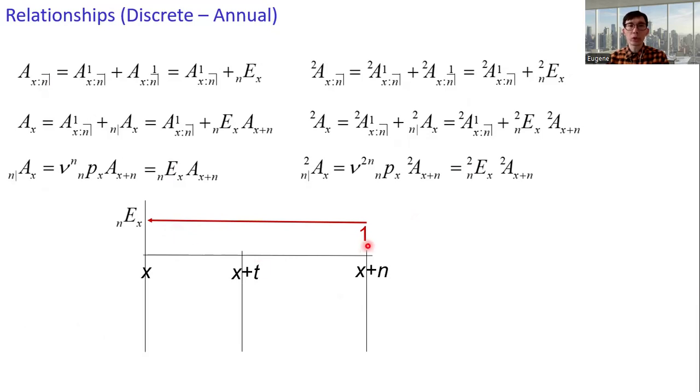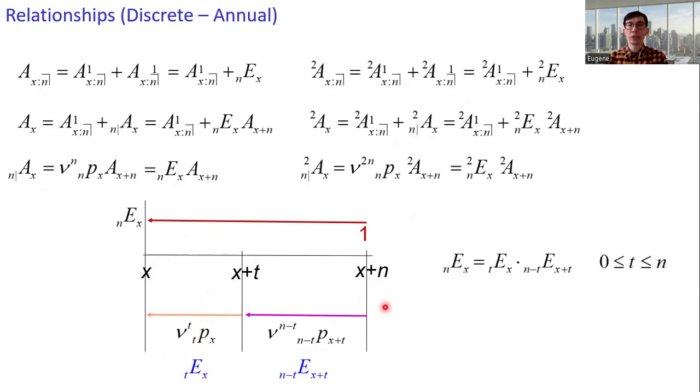We can discount this $1 from (x+n) back to (x+t), and we have this expression, and then further discount back to x. v^(n-t) times (n-t)p(x+t) is (n-t)E(x+t), the (n-t)-year period endowment. And then v^t tpx is the t-year period endowment. And therefore, nEx equals tEx times (n-t)E(x+t).